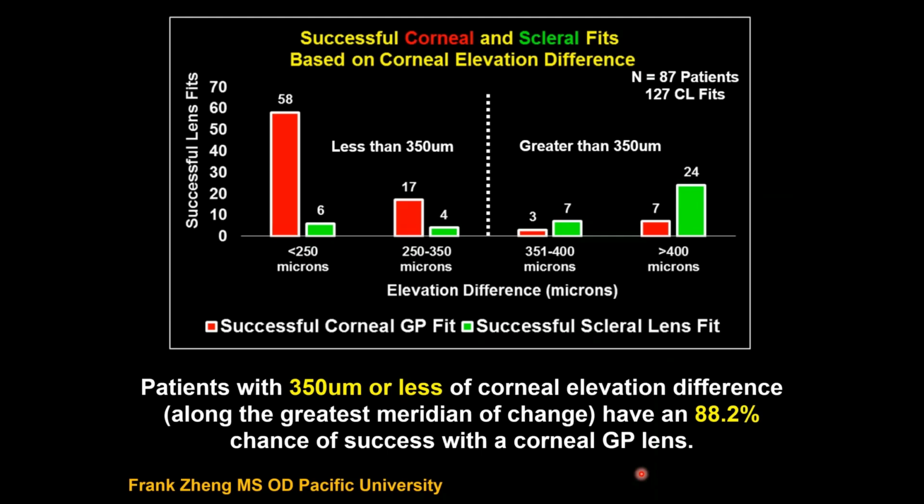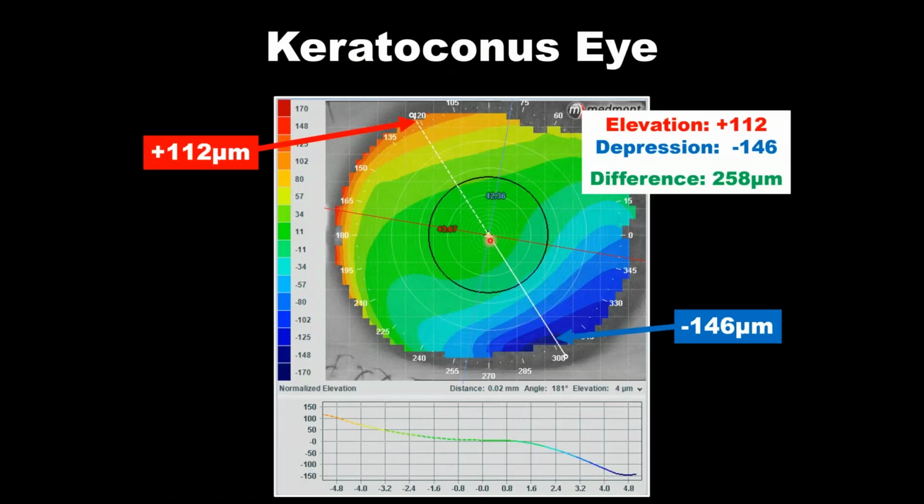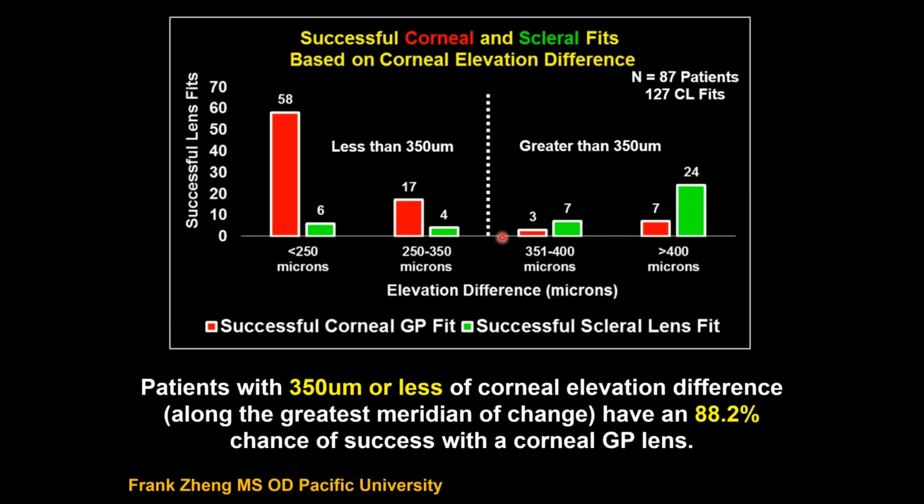And the study that we shared back in 2015 by our group at Pacific University showed that when you have less than 350 microns of sagittal differential across the eye. So going back to this slide, we look at the highest point being 112, the lowest point being minus 146, for an absolute differential of 258 microns.